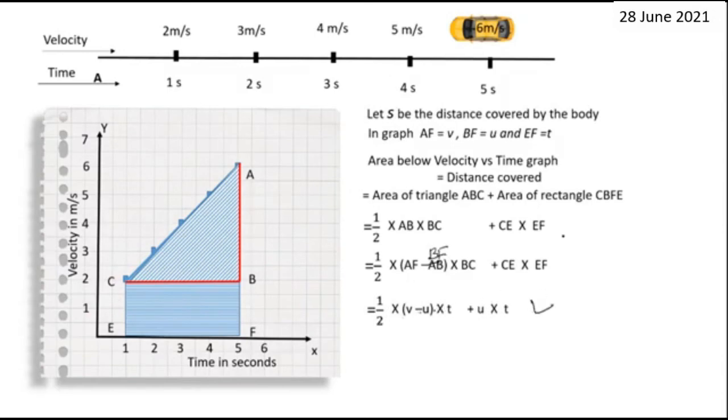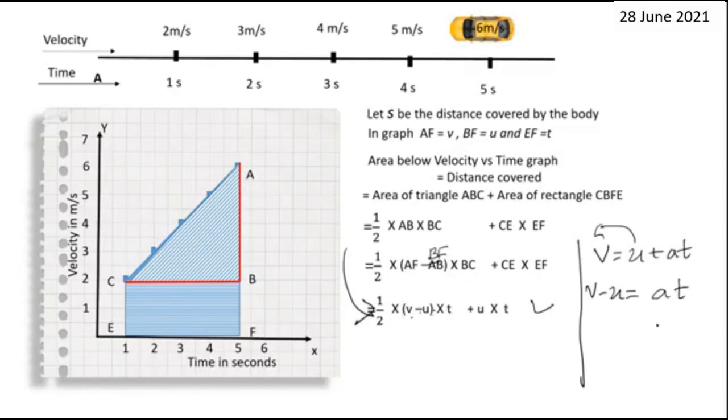So this is very important. Getting this expression is more important: half into V minus U into T plus UT. Now here it's very simple. We have already learned V is equal to U plus AT. If you take this to this side, V minus U is equal to AT. Right? This is the first equation of uniformly accelerated motion. Now, in place of V minus U, I'll keep AT.